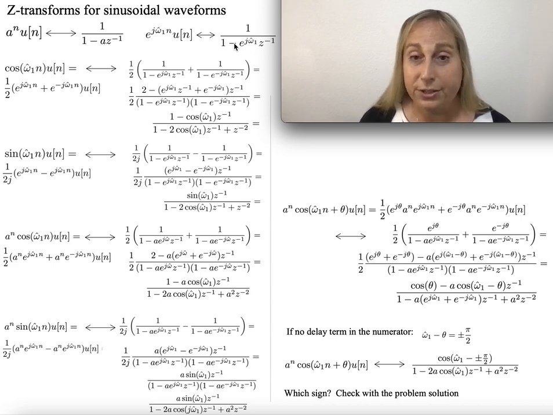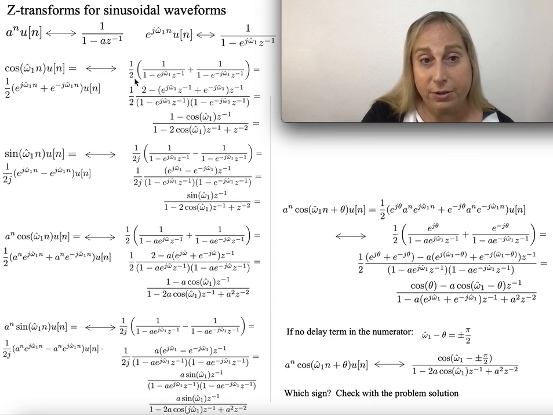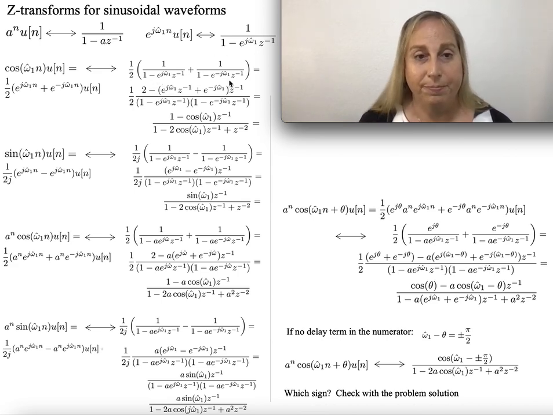You think, wait, if I can do that, I bet I can do this for cosine, which is just the sum of the two. Or I could do it for sine, which is the difference of the two. Remember your 1 over 2j. And it turns out it works out, you can actually get a nice function out of it. You get a function that's 1/2 times all of these other terms, but times one of these for the positive and the minus term.